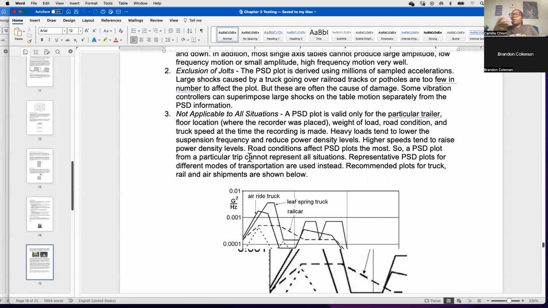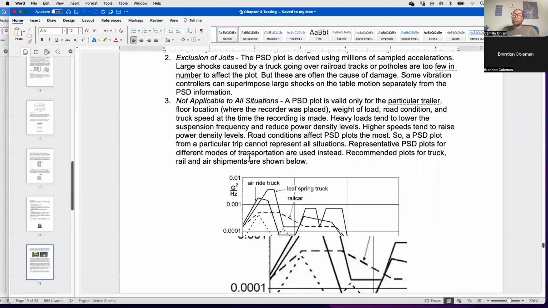So that's part of why the plots and the testing help to estimate and anticipate damage. But you have to keep in mind, you can run the test in the lab to look for a catastrophic failure, but you also need to make sure you run testing on the road, on a route that you're going to be using.